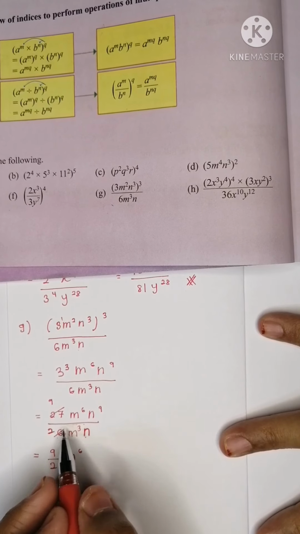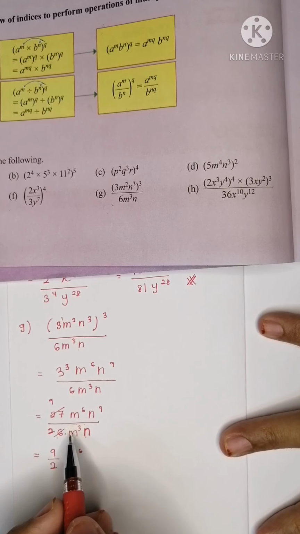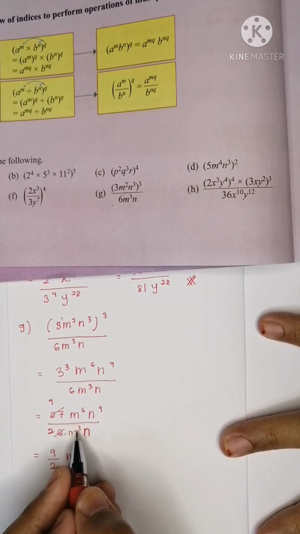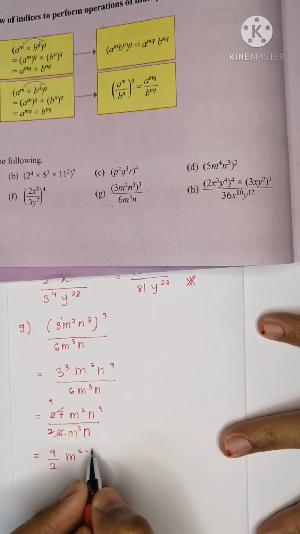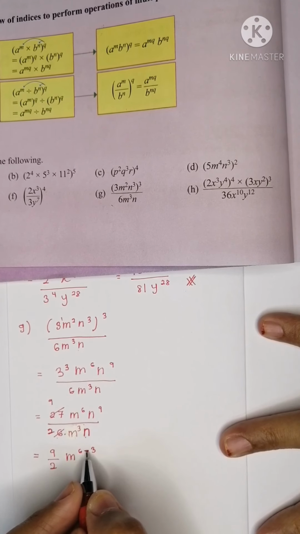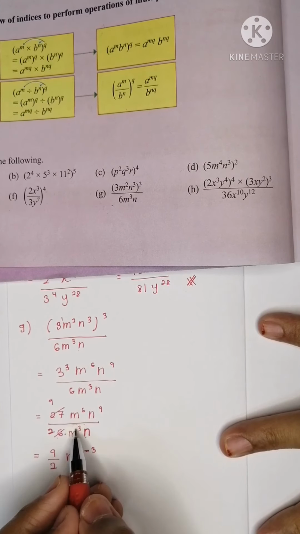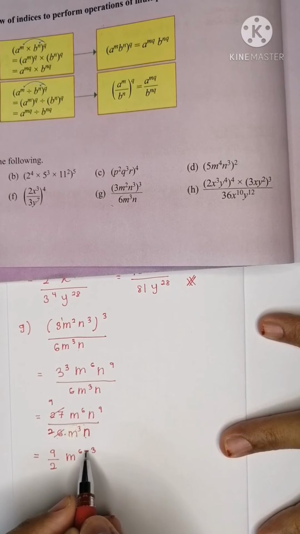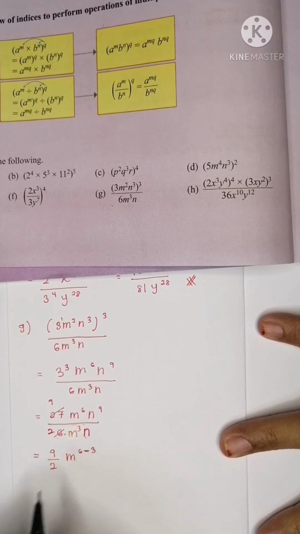To bring it to the numerator, you need to make it minus 3. This one is positive, right? So if the denominator is brought upward, it will become negative 3.